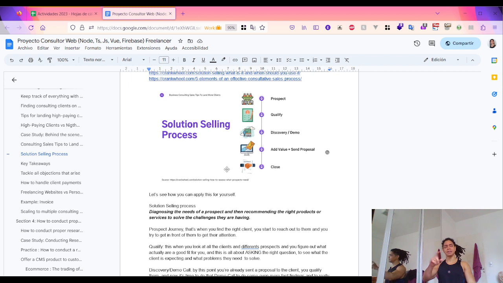So applying these consultation sell tips, like listen more, use speed, use the solution selling process, and add free value. The first step of the solution selling process is to identify the prospect journey by looking at the right client and trying to get in front of them to get their attention.